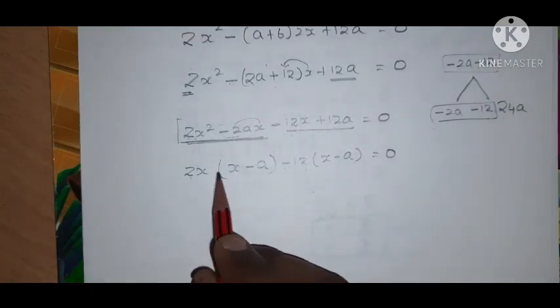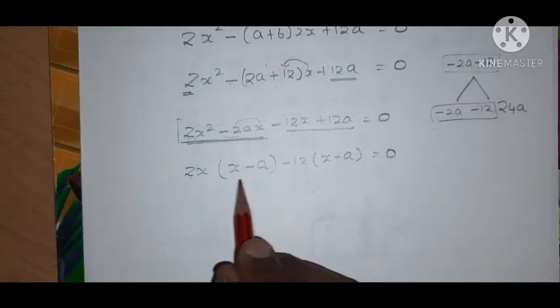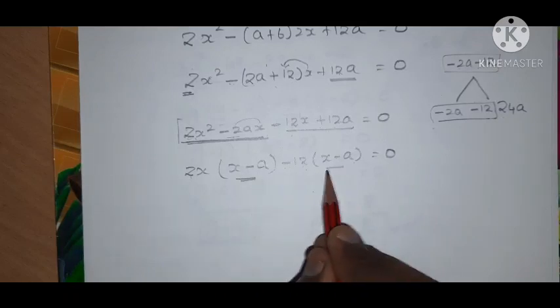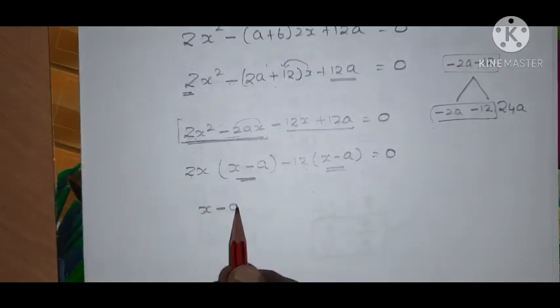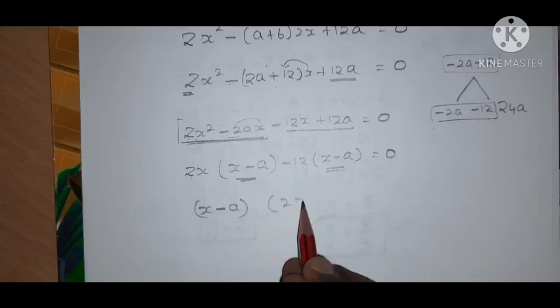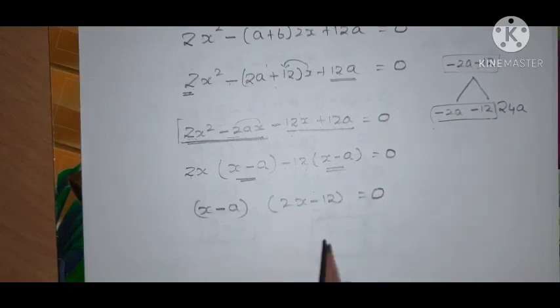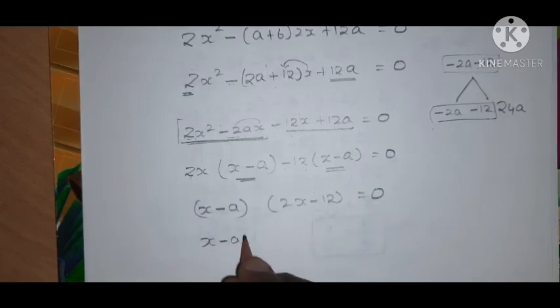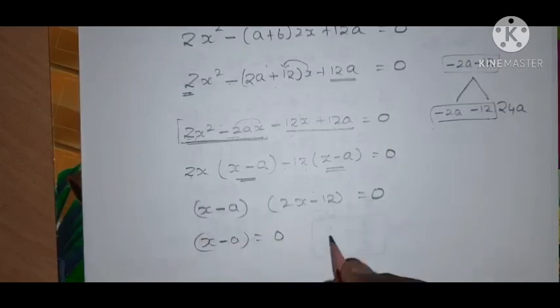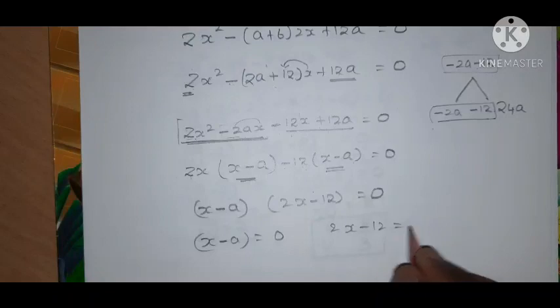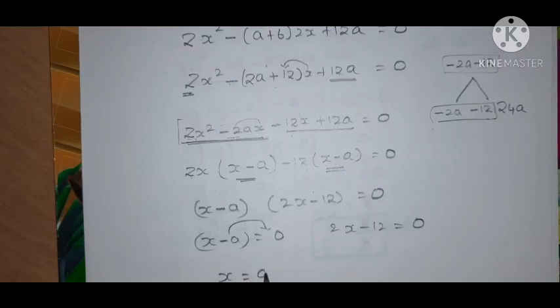Now which one is common in this expression? x minus a is common. Taking x minus a outside, the rest is 2x minus 12, which is equal to 0. As usual, x minus a is equal to 0, or 2x minus 12 is equal to 0. Minus a, when it goes to the right-hand side, becomes plus a, so x is equal to a. This is one root.